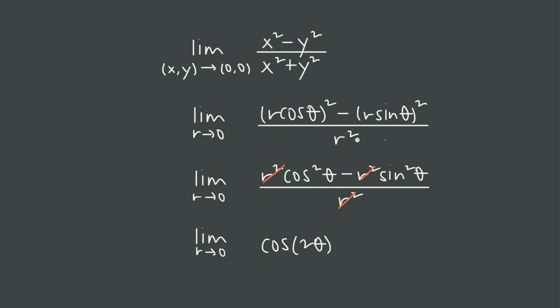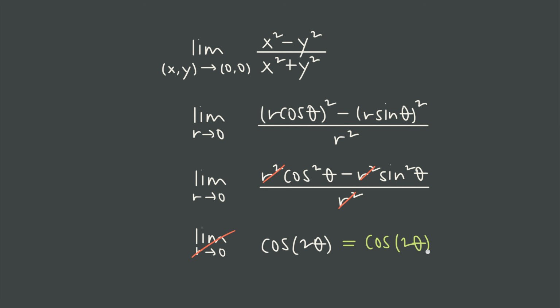But we know from trigonometry that that's equal to cosine of 2 theta. That's a trig identity. And notice now that the only thing left here is theta. There's no r variable remaining, which means that taking the limit as r goes to 0 has no effect on cosine of 2 theta. So this whole limit here just simplifies to cosine of 2 theta.